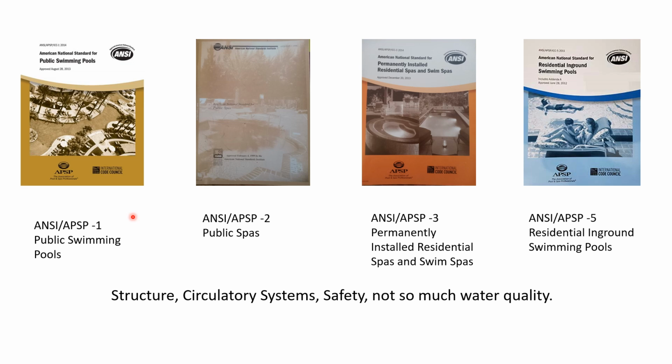So you have the ANSI 1, which is public swimming pools, the ANSI 2, which is public spas, which I would never suggest you get in one, the ANSI 3, which is permanently installed residential spas and swim spas, and then you have ANSI 5 over here, and that is the residential in-ground swimming pools. Now these books are about the structure, the circulatory systems, and safety, but not so much the water quality.